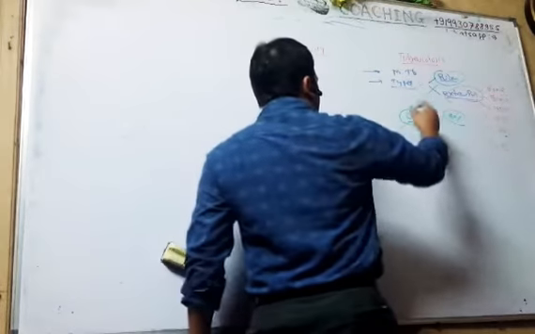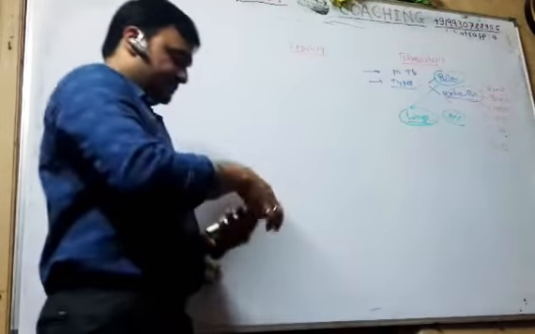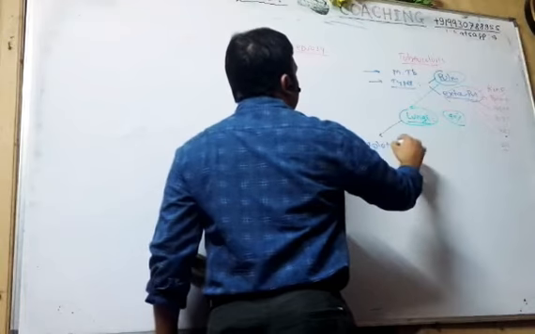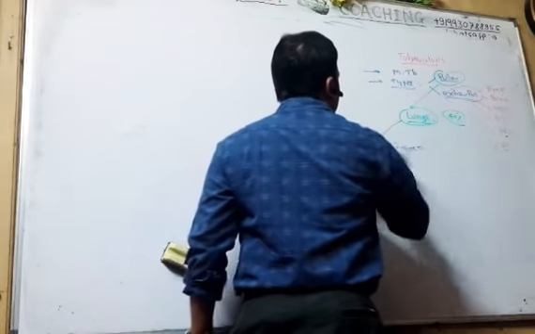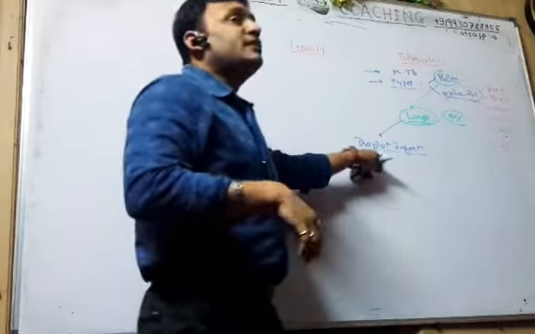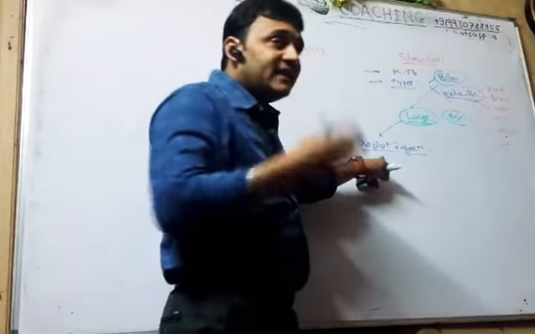Now, how exactly does the organism spread? All of us know the organism spreads through droplet infection. What is that? The organism spreads through bacilli which are coughed out, and somebody inhales those.